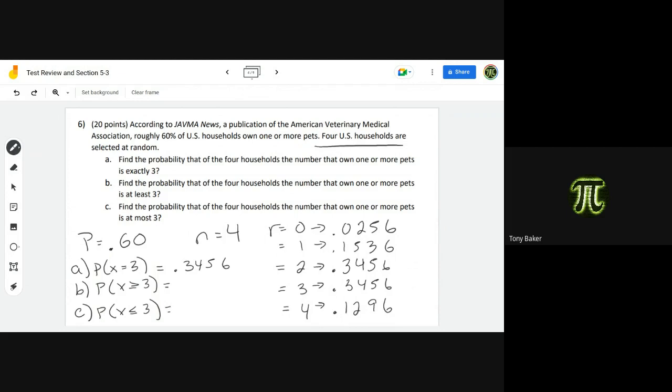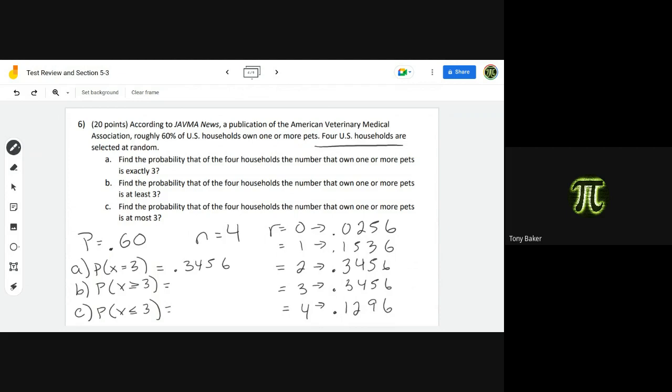Like where it says at least 3, sometimes people go, oh, that's less because least is less, but it's not. It's supposed to be 3 and higher. At least 3 means you're going higher than that. So writing the greater than kind of clues you into that.